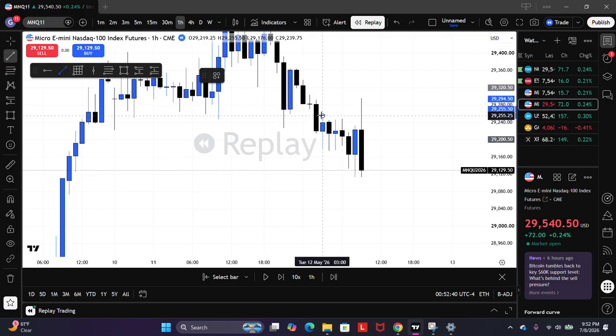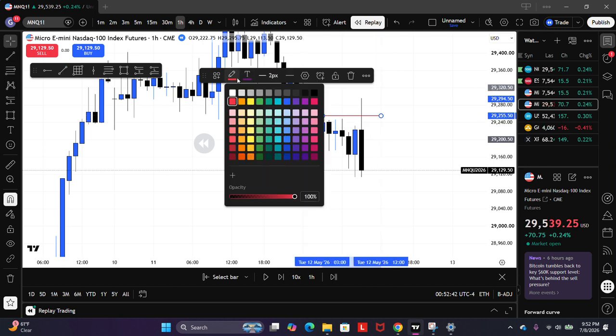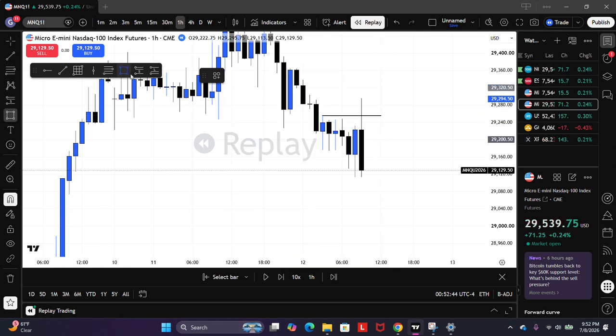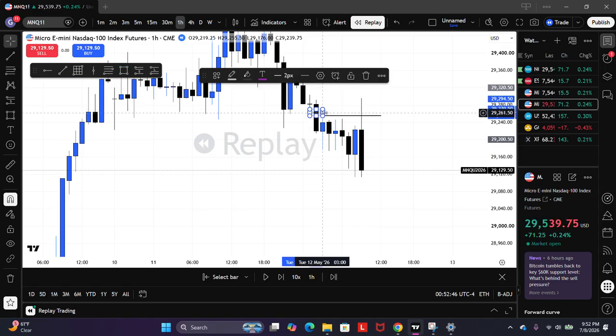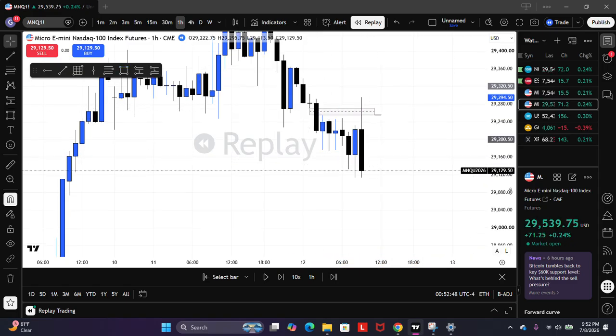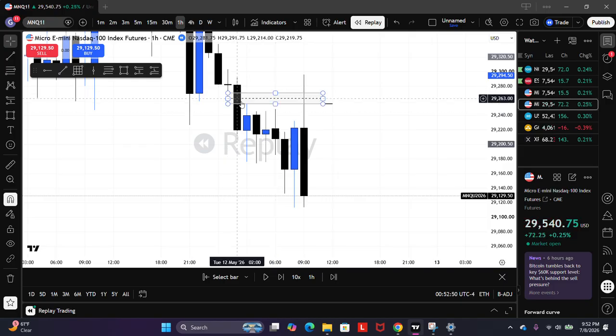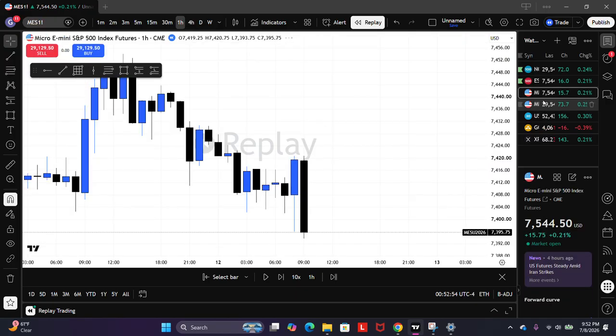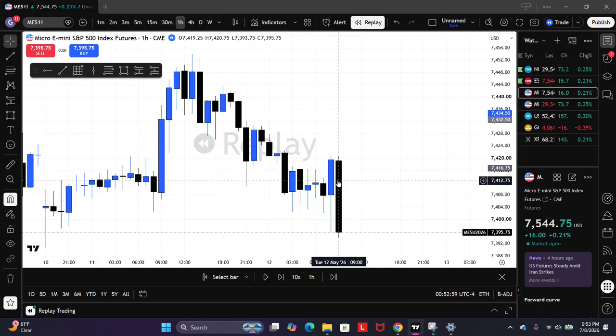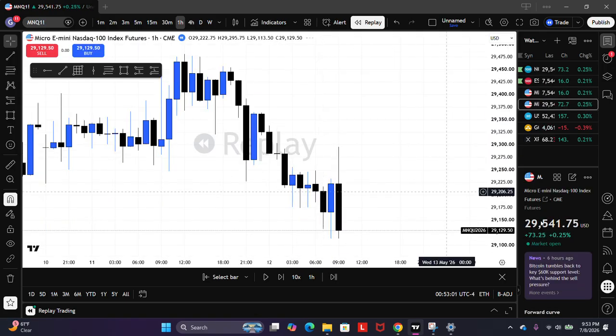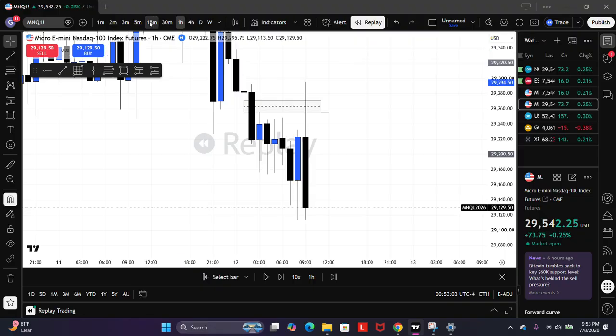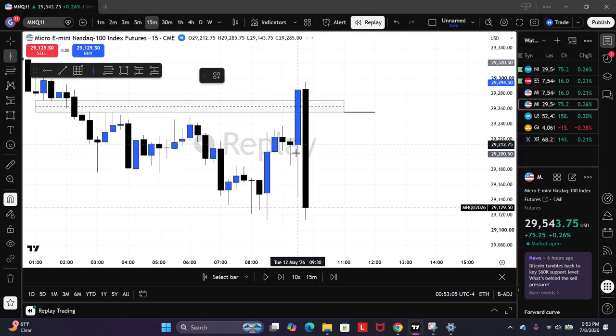Just mark out this one, a high right here on a Tuesday in May. The hourly fair value gap. We also took out these highs. Bam, we take that hourly high out. We already kind of took it out on ES, but NASDAQ was still holding by the time we opened the market.